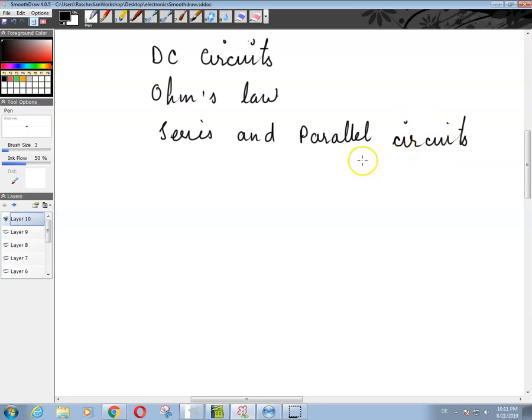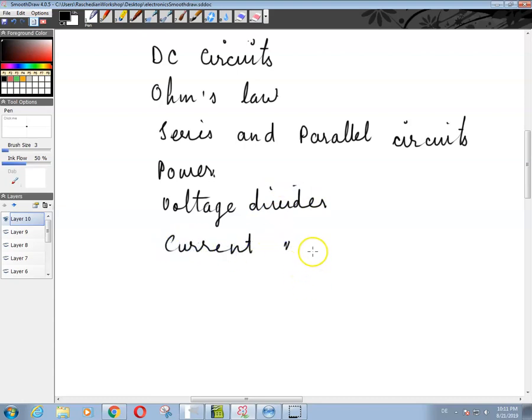Then you will learn about calculating power, then the voltage divider circuit, the current divider circuit, and a couple of things about capacitors. That's basically what you will learn in the DC circuits.